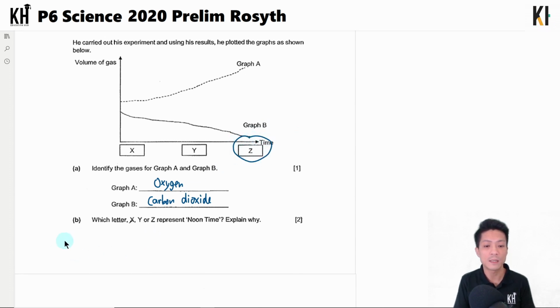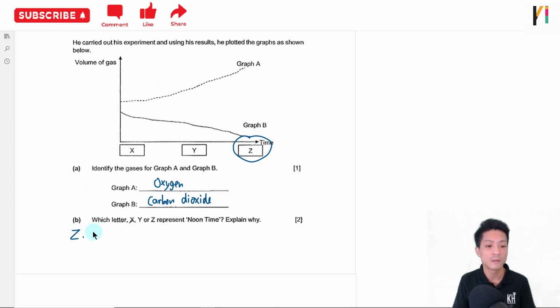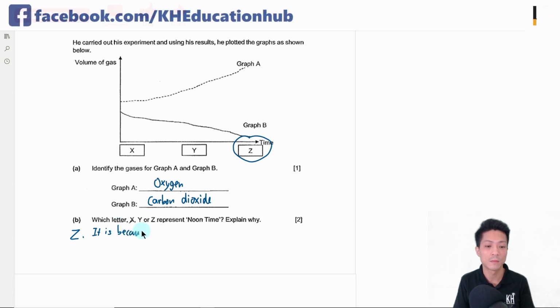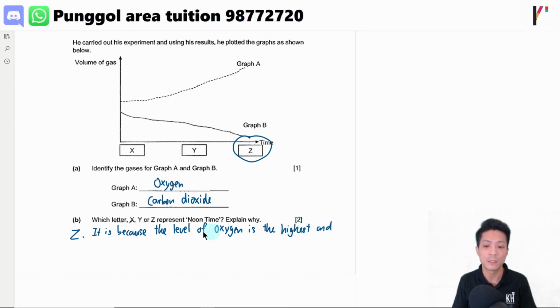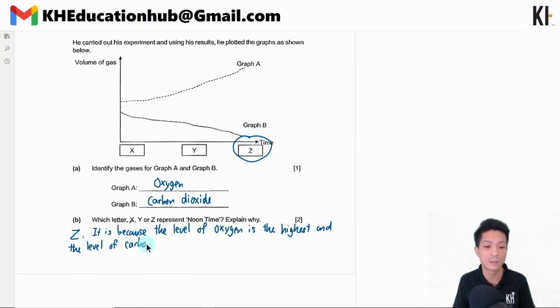It should be Z. It is because the level of oxygen is the highest, and the level of carbon dioxide is the lowest.